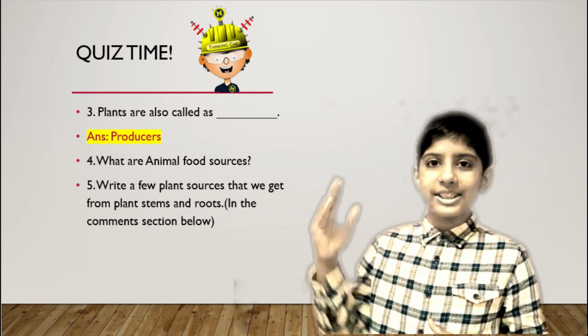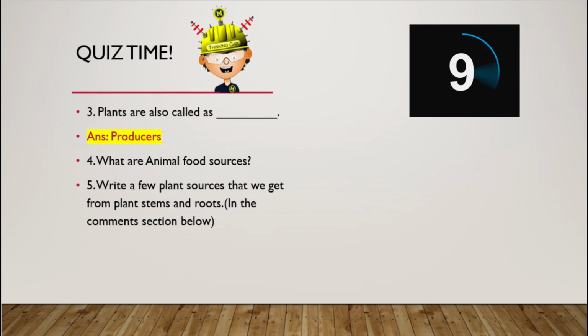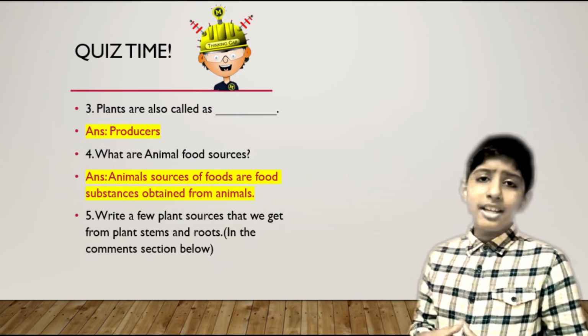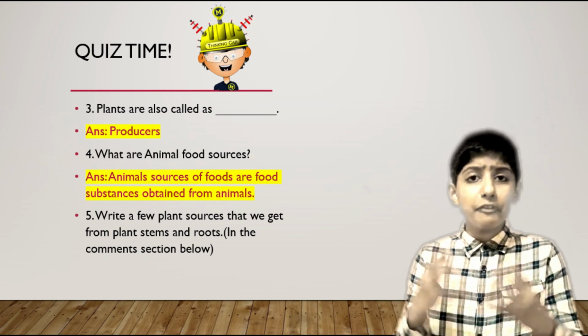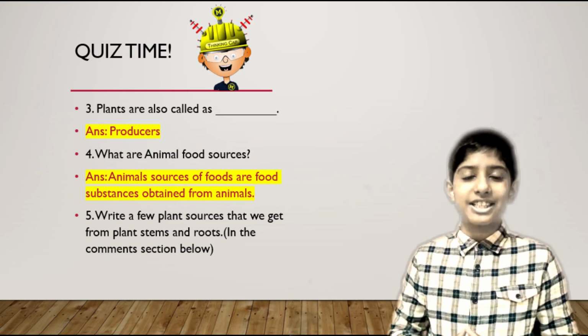Define animal sources. Time is ticking. And the answer is this. Now for this question, in the answer, even if you have written a different sentence, but the meaning is the same, you're absolutely right.